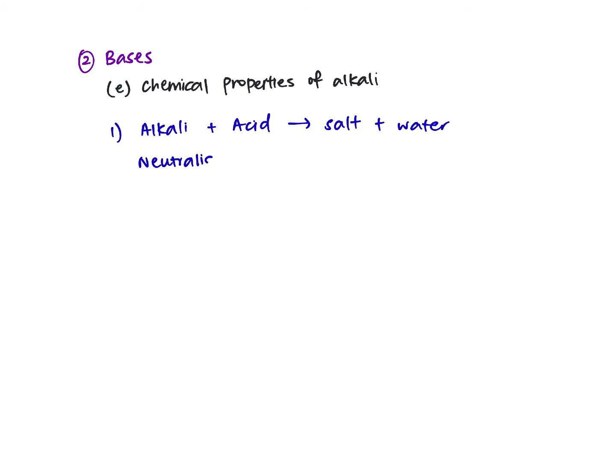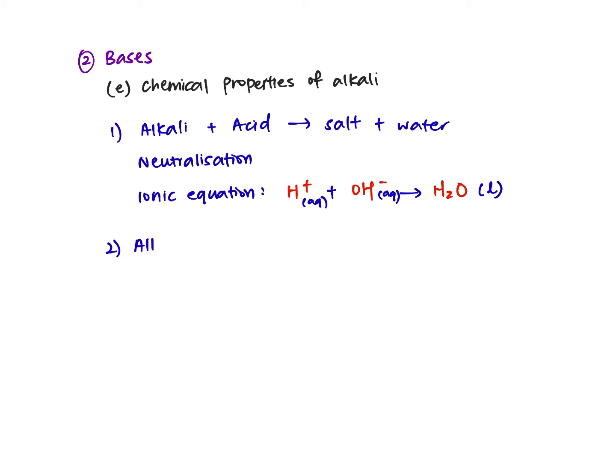This is neutralization that has been illustrated in acid. Now the ionic equation for this reaction is H plus from the acid and OH minus from the alkali will form water, which is H2O.